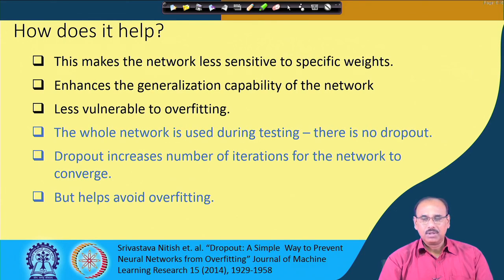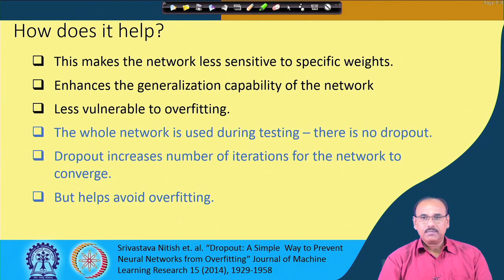But on the positive side, it helps with the overfitting problem, so that your network becomes more general and captures the salient features of the input data. It does not simply memorize the input data, and that gives better performance.